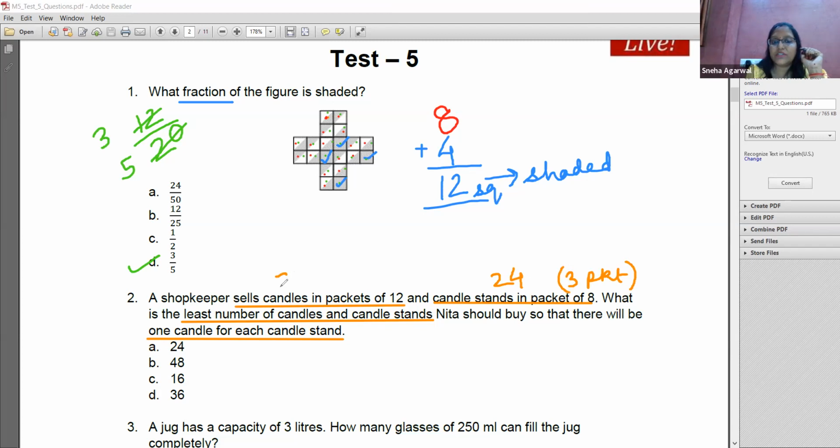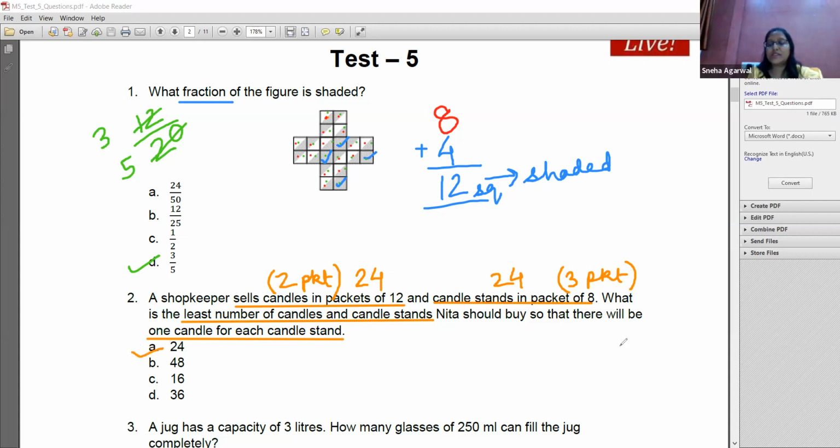Similarly, if you purchase 2 packets of candles, again you will be getting 24 candles. So in this way you can have one candle stand for each of the candles, right? So what is the least number of candles? That would be 24. Yes, that's correct.